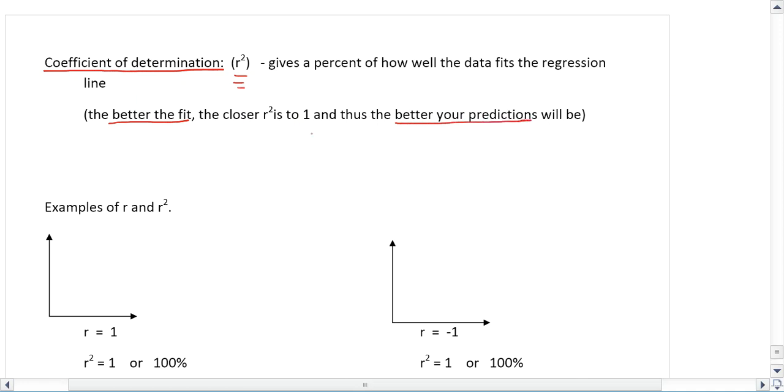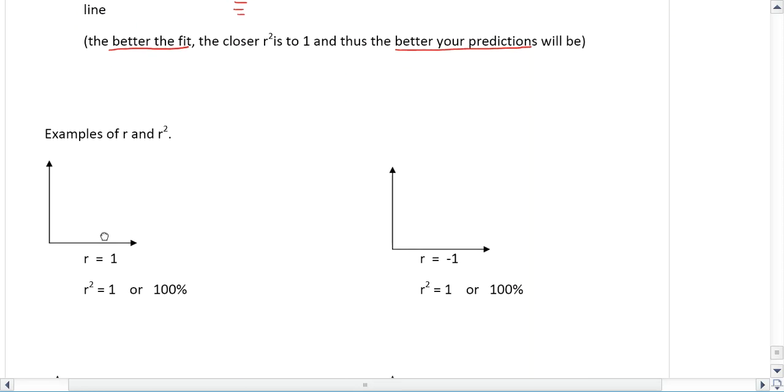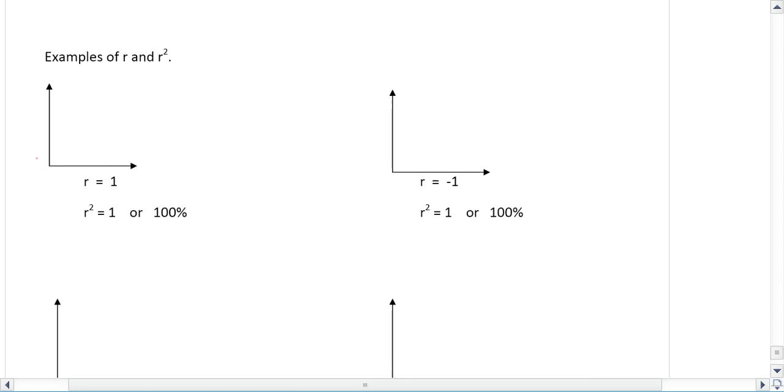So a perfect fit, an absolute perfect, if we had some data points like this, here, here, and here, and then we had the calculator drawing the regression line and it touched all three of them perfectly, this is an R of 1, an R squared of 1, 100%, all of the data points lie exactly on the line.